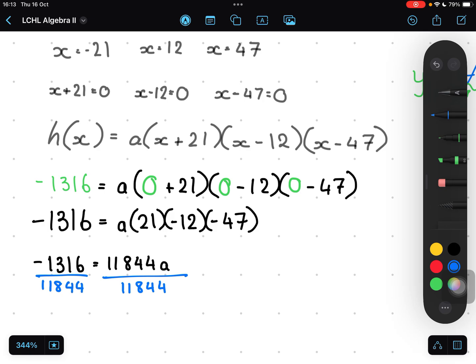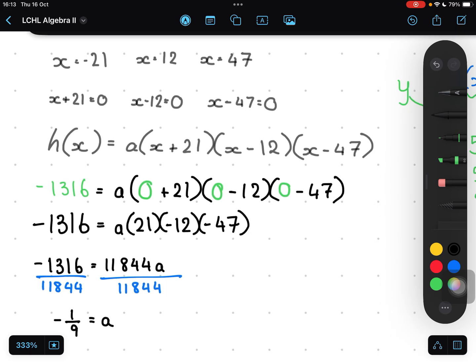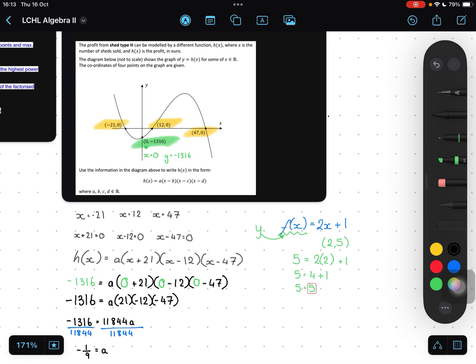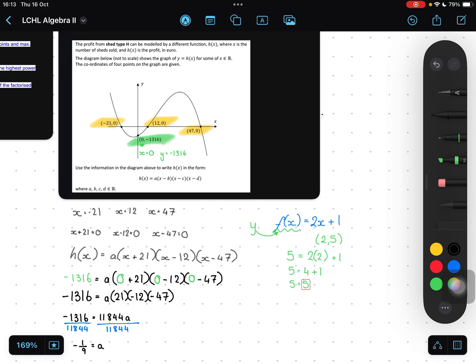So I'll get minus 1/9 is A. Is that my question finished? No, but I have A. The reason my question wasn't finished up here is because I hadn't filled in A.